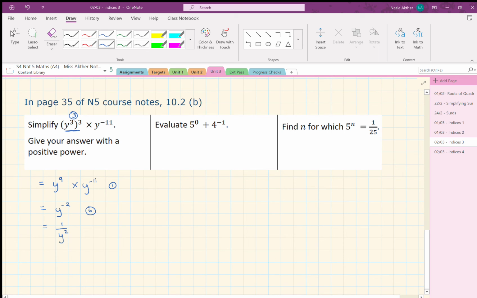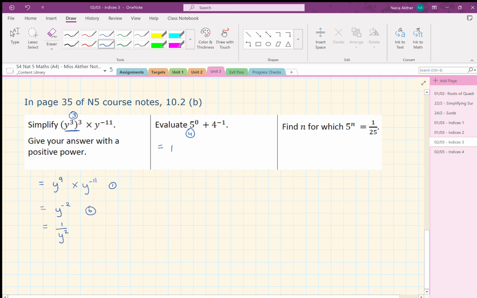Okay, so our second example, we're asked to evaluate 5 to the power of 0 plus 4 to the power of negative 1. So this is then equal to, from rule number 4 on your course notes, we know that anything to the power of 0 is equal to 1. So our first term here is 1.